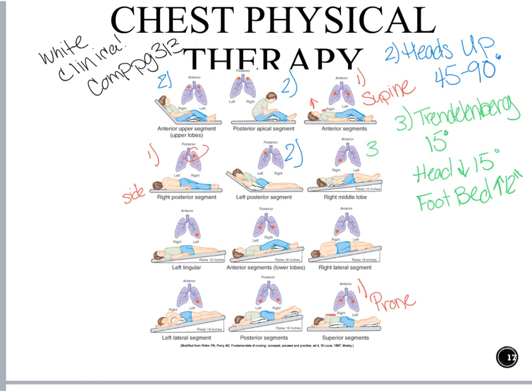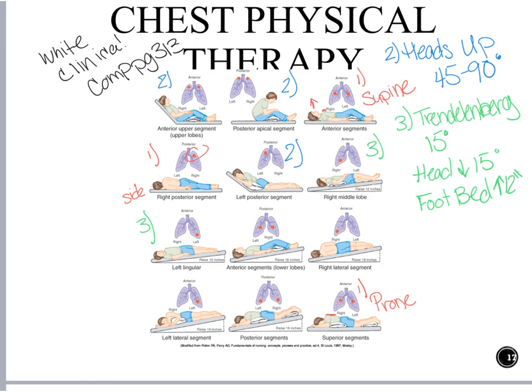So here, this one, are both Trendelenburg. So you can see, it's kind of hard to see in this picture, but you can see it says raise the foot of the bed at 12 inches.